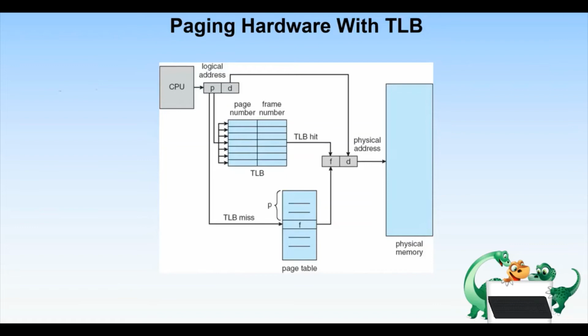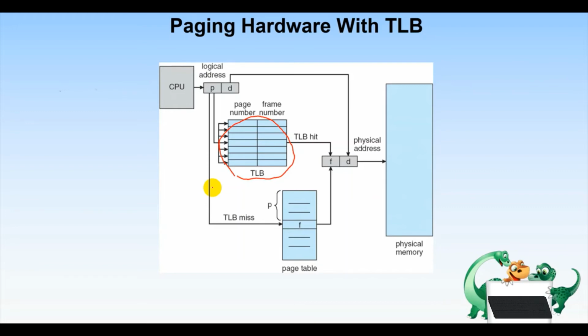Now this is the paging hardware with TLB. What was added here? You've got the TLB. The TLB was added to the hardware. Why did they have to innovate this? For faster processing, that's the only purpose here.